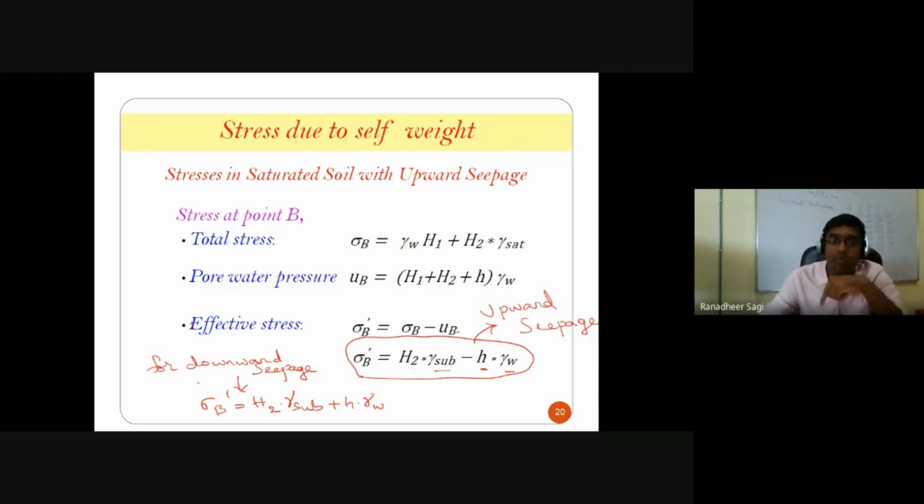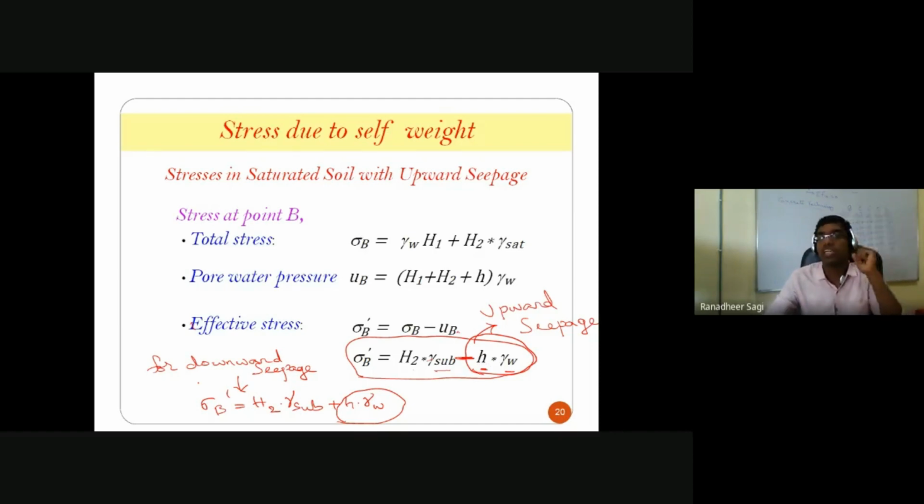For a downward seepage case, the effective stress developed at point B was increasing. Why was it increasing? Because of this additional term. But here in the case of upward seepage, because of this term, as it is a negative quantity, there is a decrease in the effective stress value.